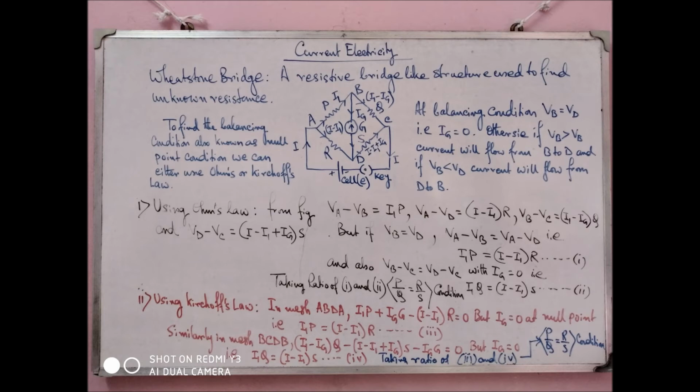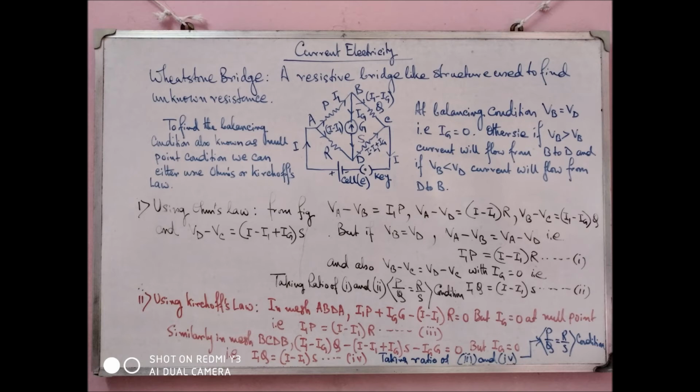Now if VB equal to VD, then VA minus VB should be equal to VA minus VD, and VB minus VC will be equal to VD minus VC. That I have written in equation 1 and 2.